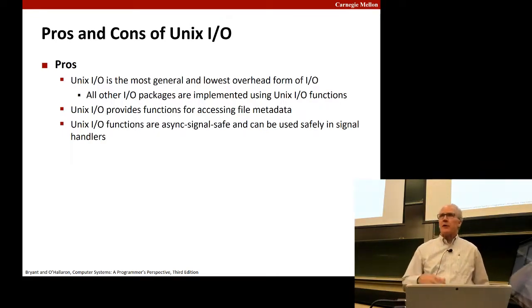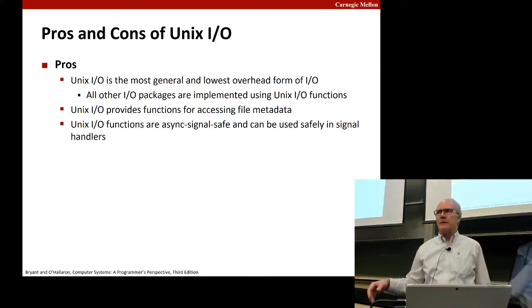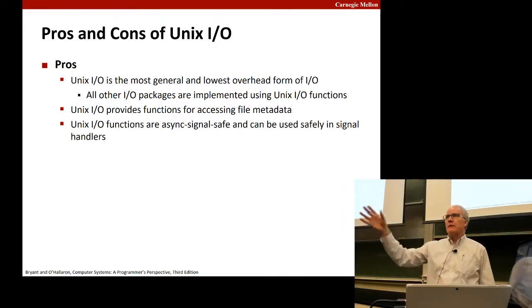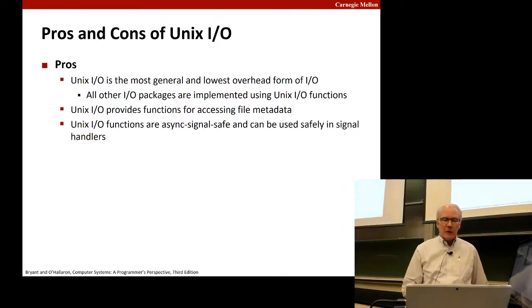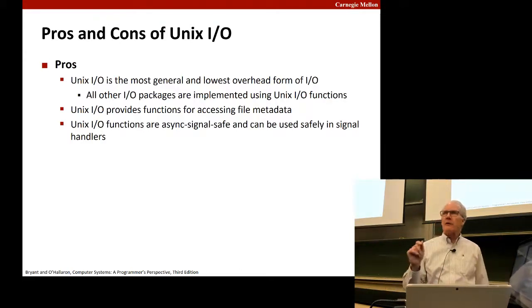Unix I/O is the base case. It's the standard that is used to handle this whole variety of different types of I/O devices, from files you might have on disk to network connections. It has all these different features, but it's also very low level and rather painful.